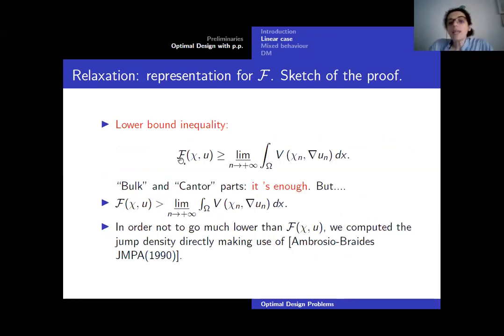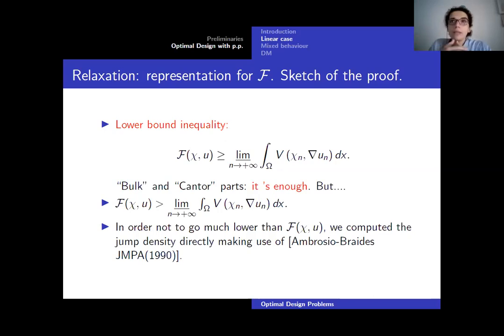And again, to estimate the lower bound, we proved this by two inequalities. And for the lower bound, we could make so far a direct estimate, not very different from what Bouchitté and Fonseca did, from what I was describing before for the Sobolev setting, while the really interesting part was to deal with the jump.